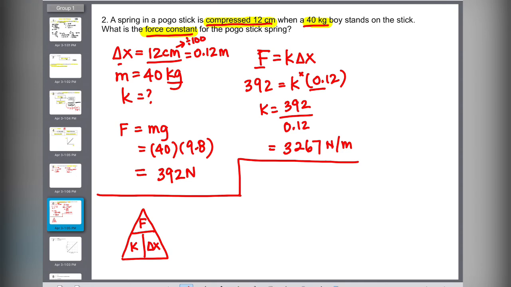And then you cover up what you're looking for, which is your K. So F is at the top, delta X is at the bottom. So it's F divided by X. So then it is 392 divided by delta X. See how it's the same thing, right? So either way, you should get the same answer, all right?